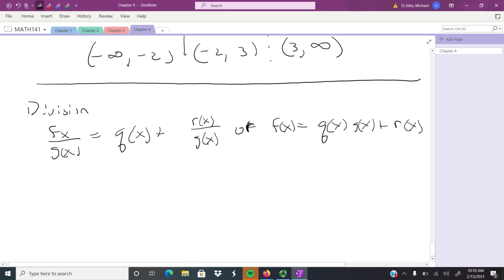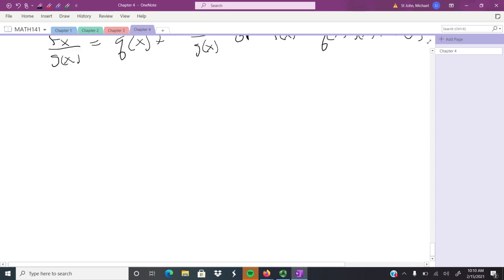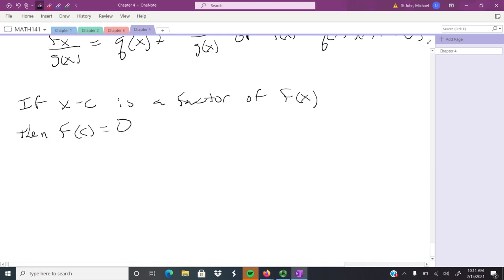Right? So if x minus c is a factor of f of x, then f of c is equal to 0.